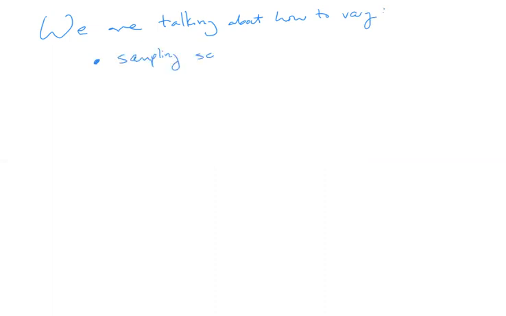So to give you a sense of what's coming, we're going to talk about how to vary some of these different characteristics of the hypothesis test. Well, we've already talked about how to vary the sampling scheme, right? We already talked about Bernoulli and simple random sampling. And then the one that's coming as we go forward in the material is paired data.